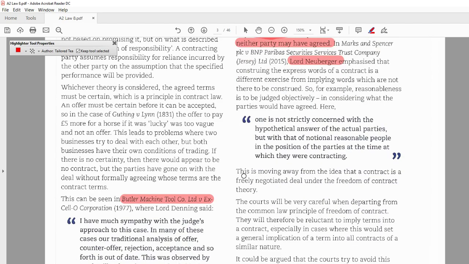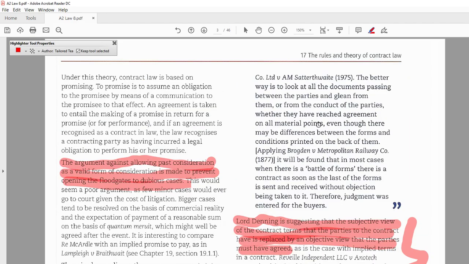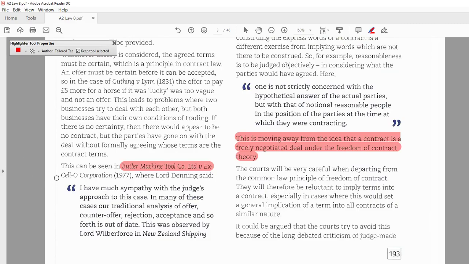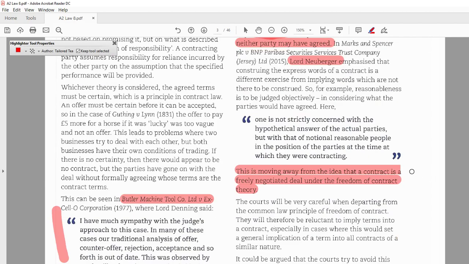And then here is the analysis, and you take this analysis and you repeat it in the exam. You just turn around and say, look, this is moving away from the idea that the contract is freely negotiated. Brilliant. So here you have a few points that you can include in your exam. One, two, and then here's your analysis.